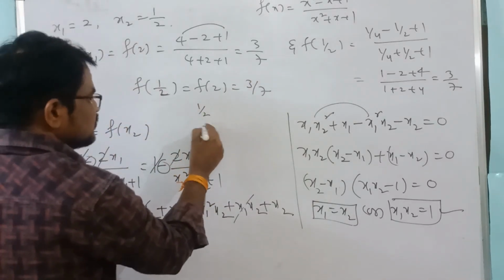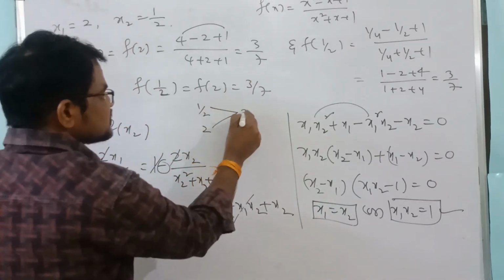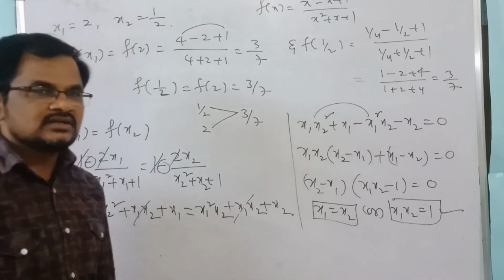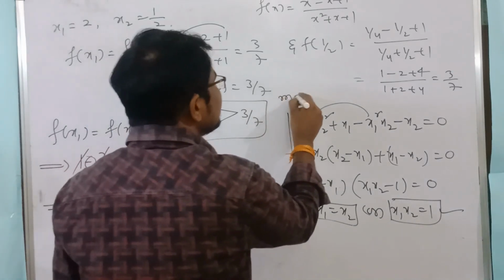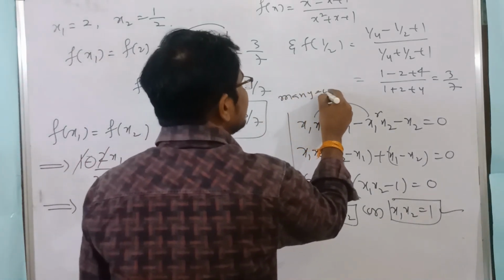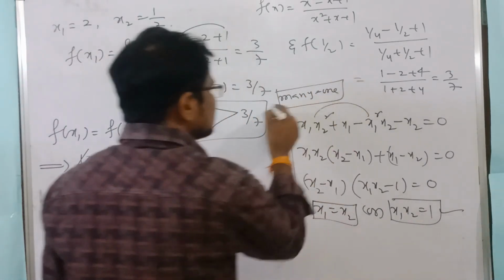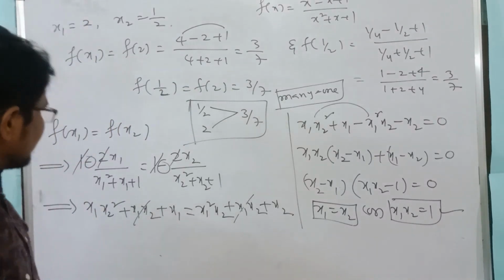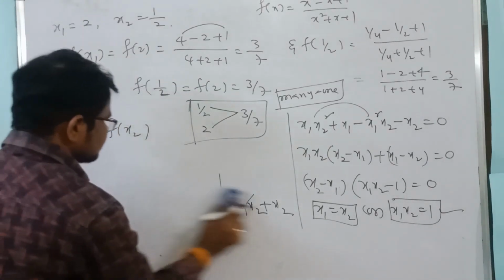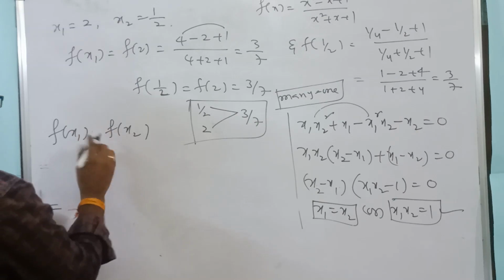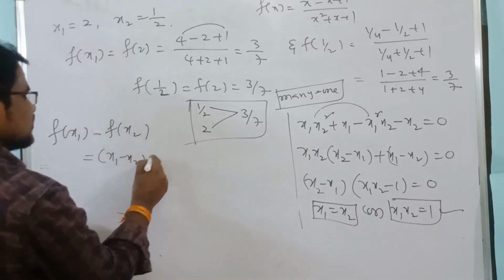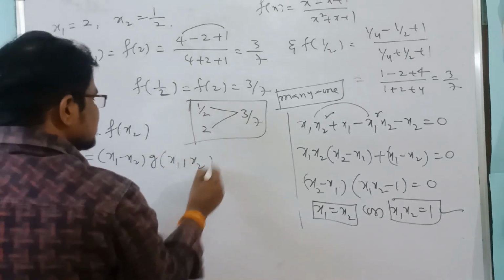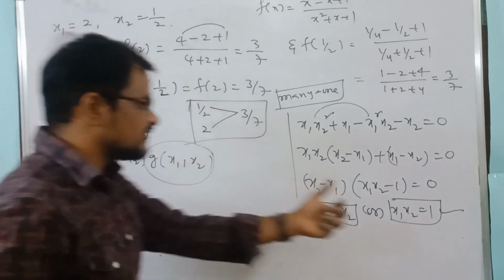Means 1 by 2 here 2 gives same image. So that's why clearly it is what? Many to one function, right? Means whenever f of x1 minus f of x2 equal to x1 minus x2 into g, this is the expression in terms of x1 and x2.